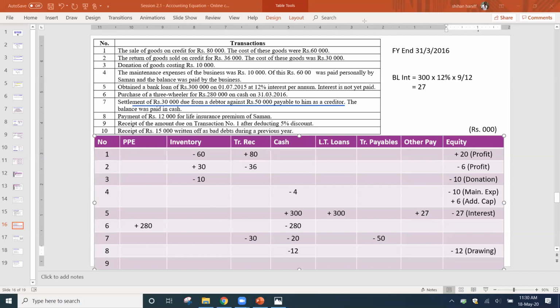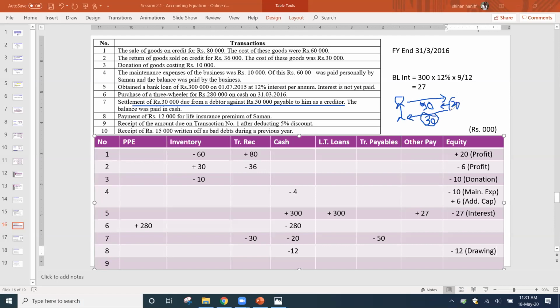So we have a person, right? He is our customer as well as supplier. We have purchased from him 50,000. That means we have to pay him 50 and we have to receive from him 30, because 50 is payable, 30 is receivable from him. Right? So without taking money from him, we will pay another 20 and settle him.